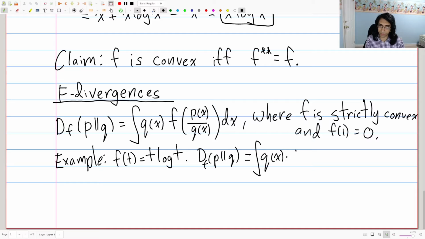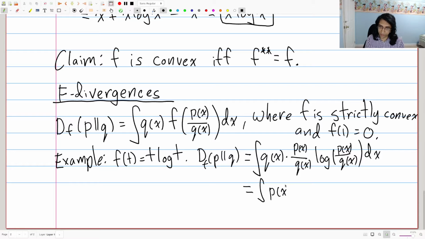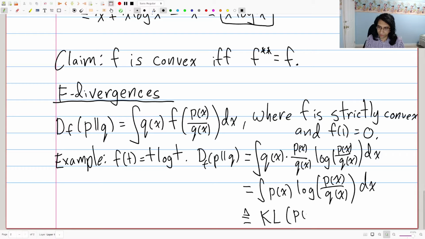That would be p(x) over q(x) times log p(x) over q(x) dx, which is equal to the integral of p(x) log p(x) over q(x) dx. And you might recognize this as just being precisely the definition of the KL divergence, which I'll just write as KL between p(x) and q(x).